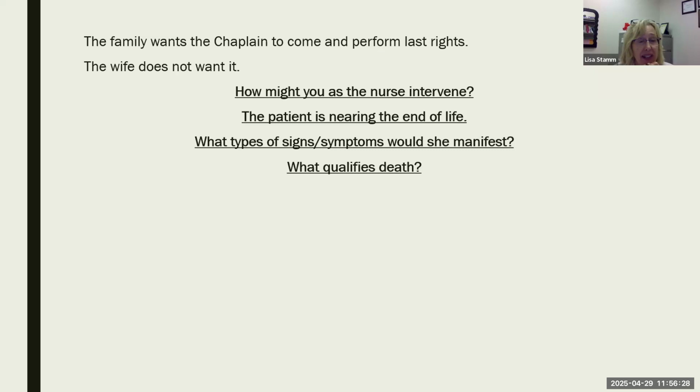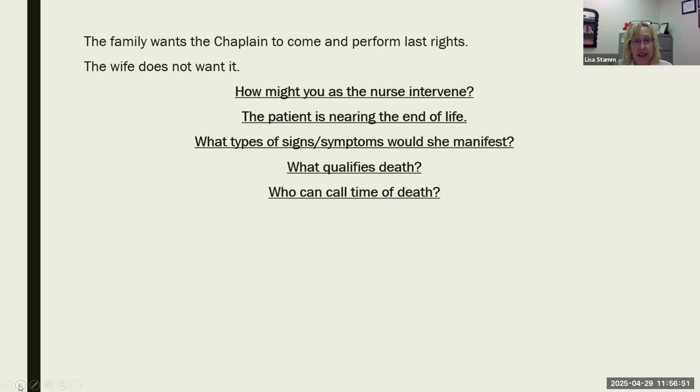It is defined as no heartbeat, no respirations, and no brain activity. But at the bedside in this situation, we're just going to be looking for a heartbeat and for breathing. And when that has stopped, then we can say that the patient has passed.